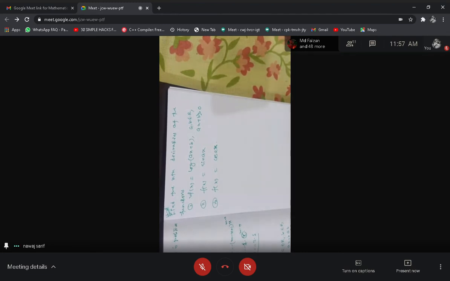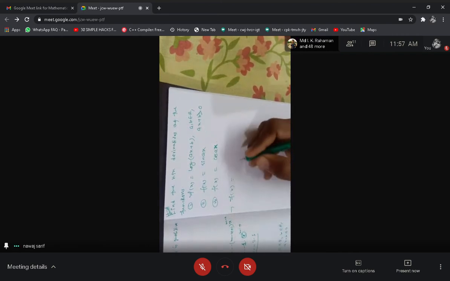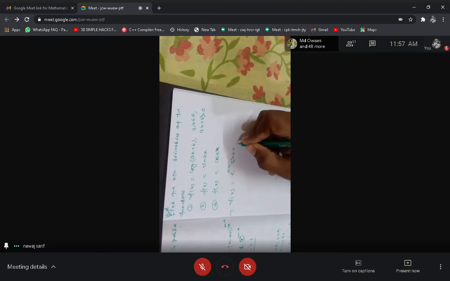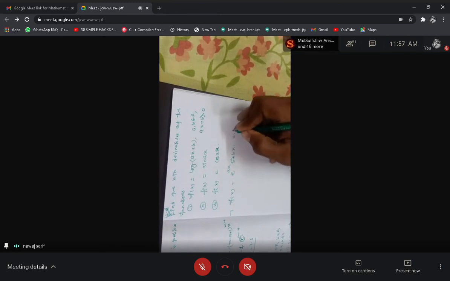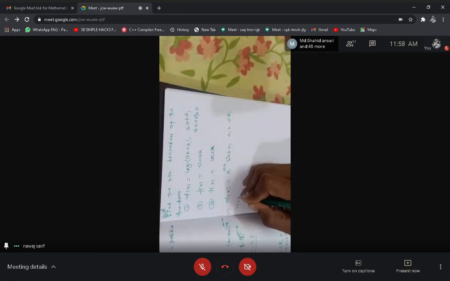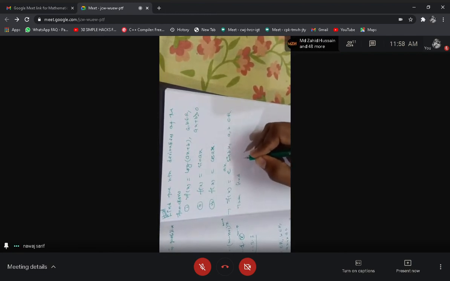Now we'll do some more examples. If f(x) equals e to the power ax sin bx, where a, b belong to R, then find f^(n)(x).